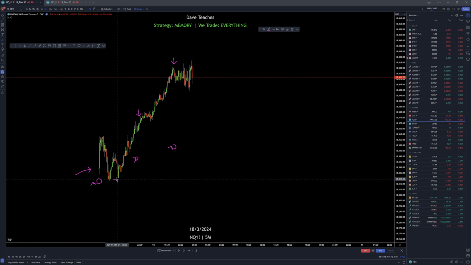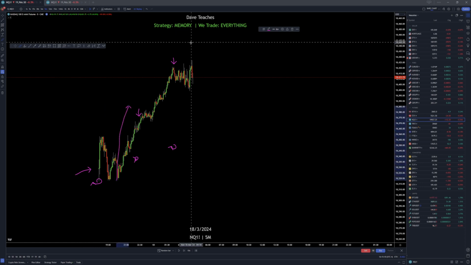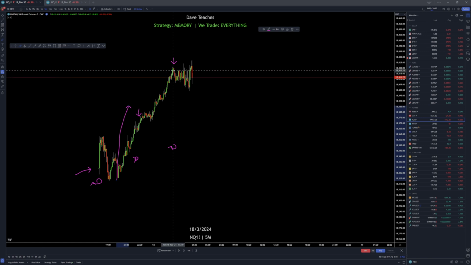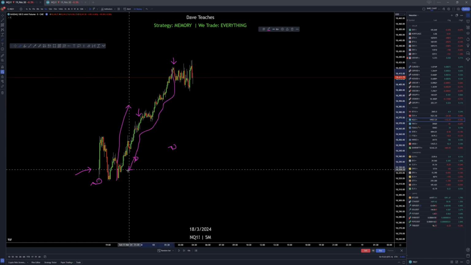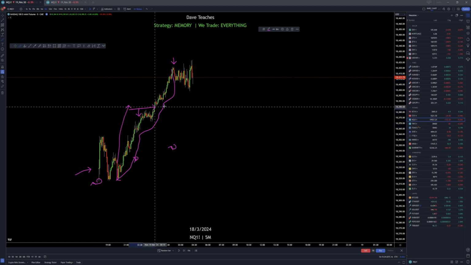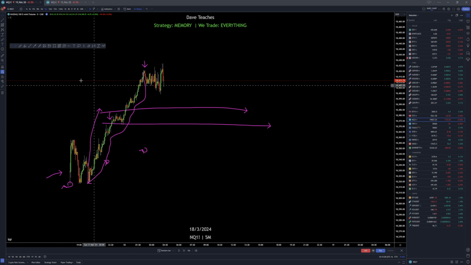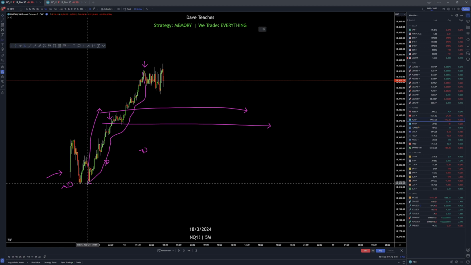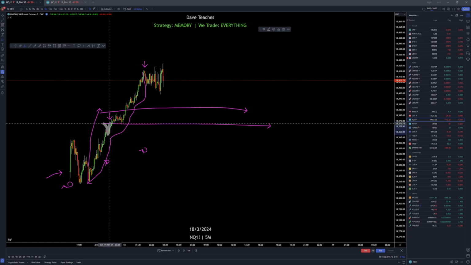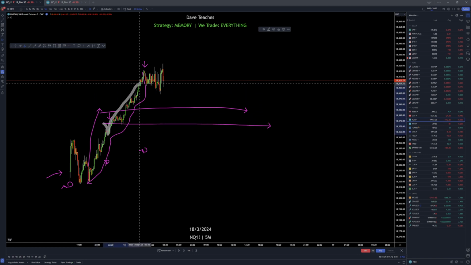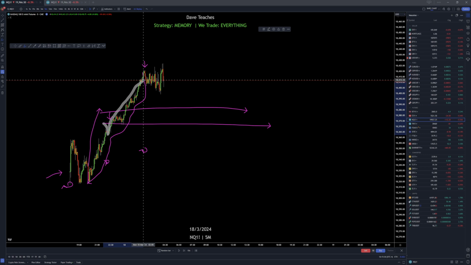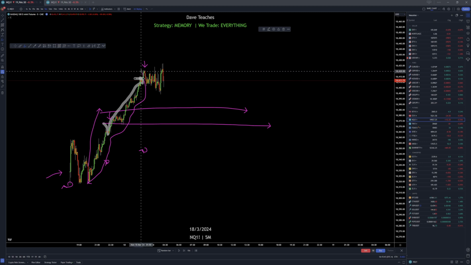What we know is within this extension up, there's an imbalance on some time frame, right? On the hourly, 15-minute, wherever it is, there's some imbalance within here. But this is also a wick, a body moving up into 2, and a little wick up top.